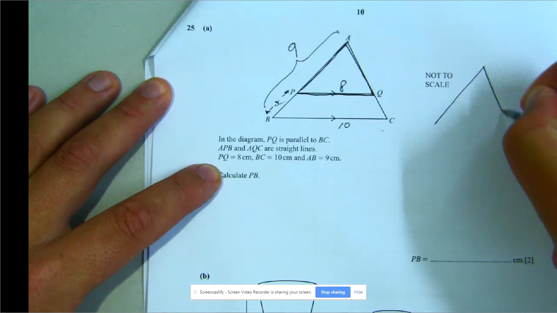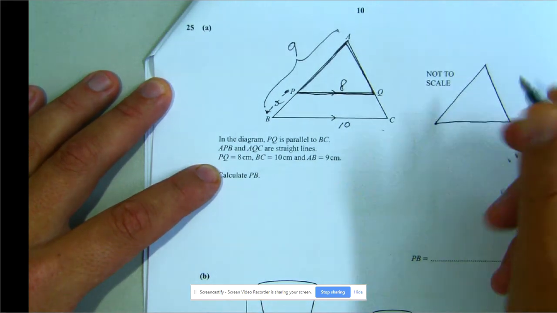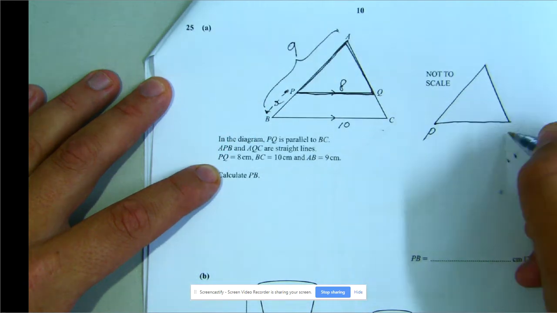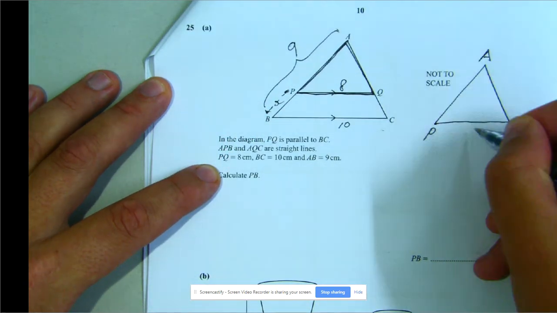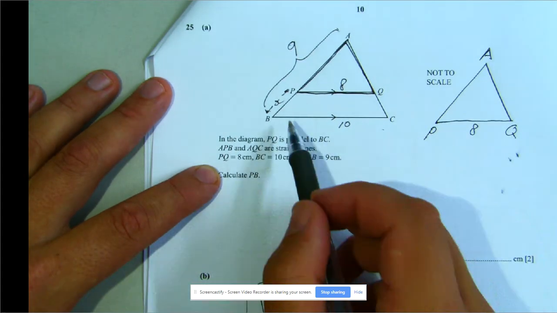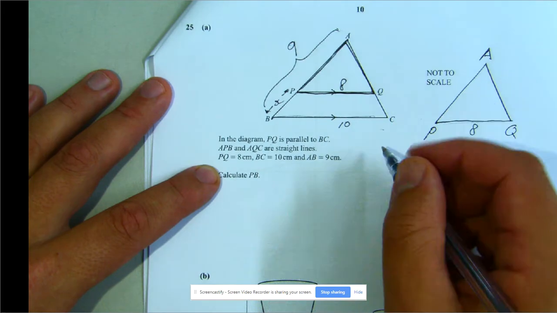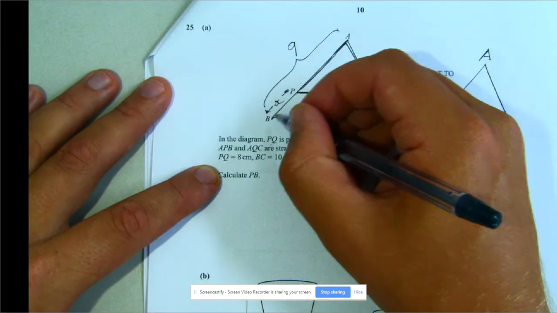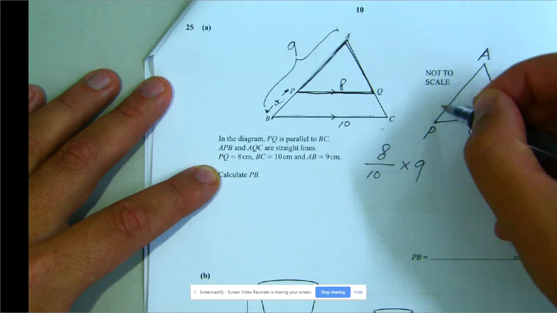And I always encourage my students to draw that triangle in the triangle separately. Put the letters there, and then you decide on the scale factor. So the scale factor, the corresponding sides, 10 and 8, the scale factor is 8 over 10 times 9 to find AP.